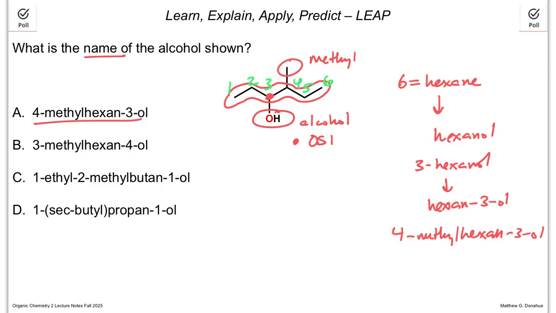So the ambiguity, again, about numbering that chain is which end do you start on? So in blue, that's the wrong way to do it. So let's write the name that would result and then compare it to the other one.